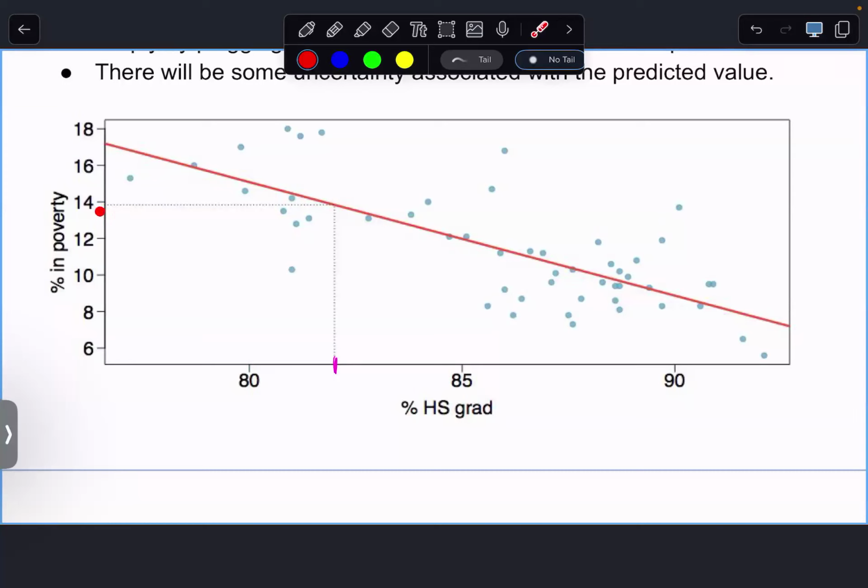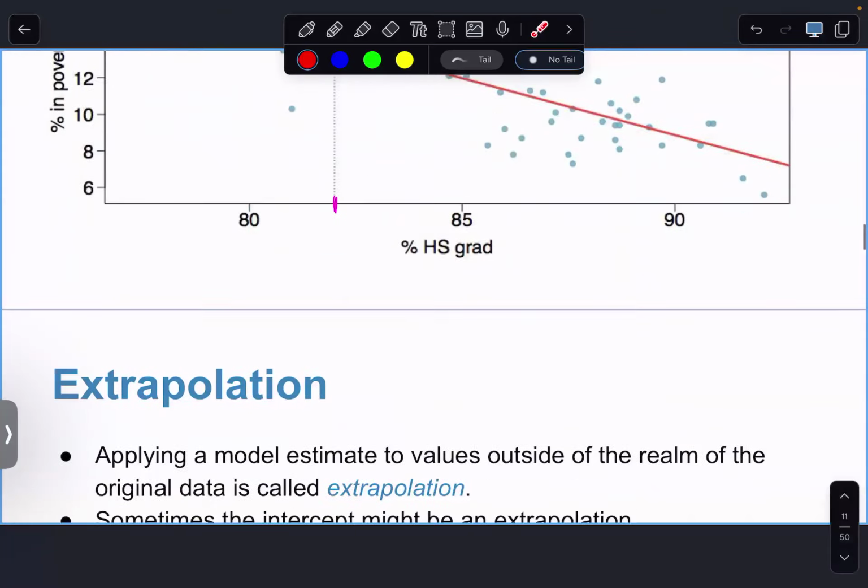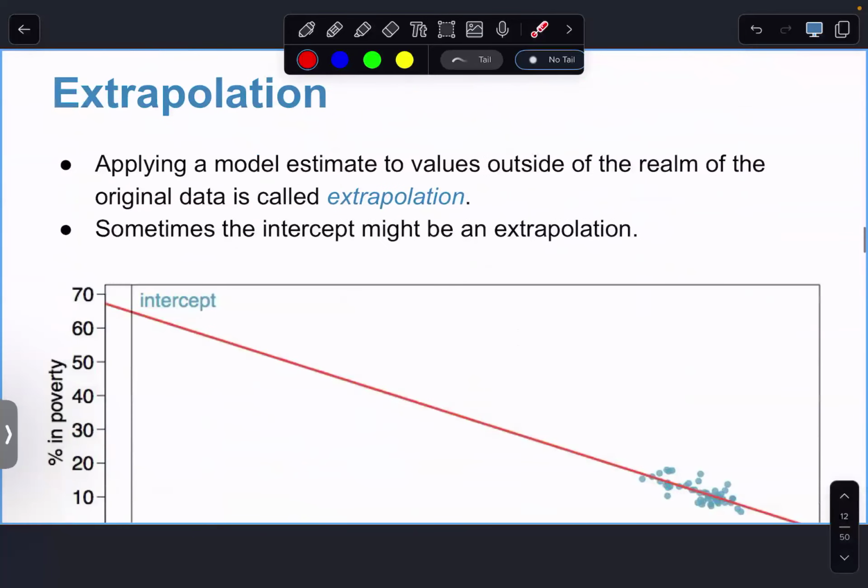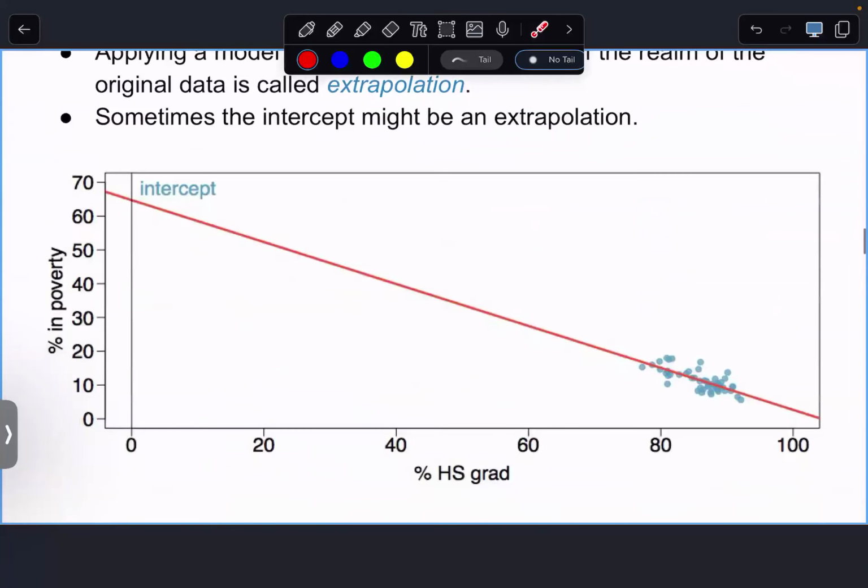And that's our best guess at what the predicted percent in poverty would be. And so we can use this line to predict using any value of x. We could use it for 20, but once we reach a certain point, 75 here, it becomes very unreliable.